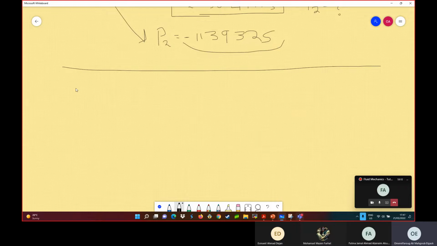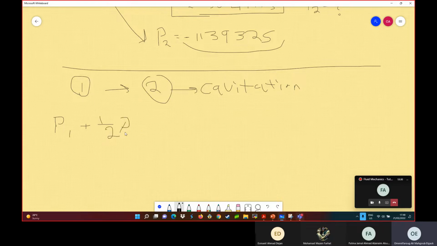Now I'll repeat the calculation applying the Bernoulli equation between 0.1 and 0.2, where cavitation occurs. So you have P1 plus half rho, sorry, the fluid is not moving at 0.1, so we just have plus rho g Z1, equal to P cavitation at 0.2 plus half rho V2 squared plus rho g Z2.